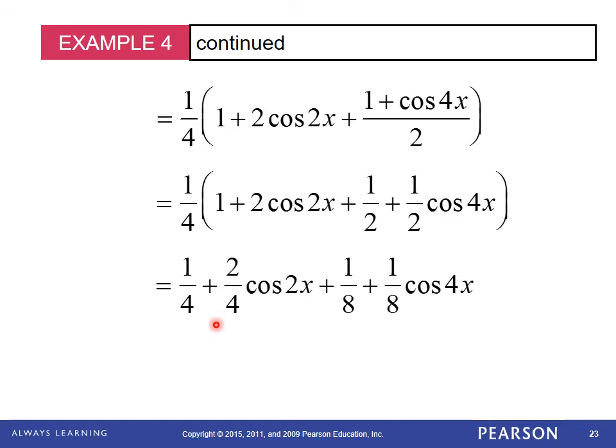All right, I need like terms to put together. I think so. 1/4 here, and a 1/8 over here. So putting those together, getting common denominators here, and eventually, how about we get ourselves a 3/8. Adding again, 2/4 is 1/2 really. So 1/2 cosine 2x, and then 1/8 cosine of 4x.